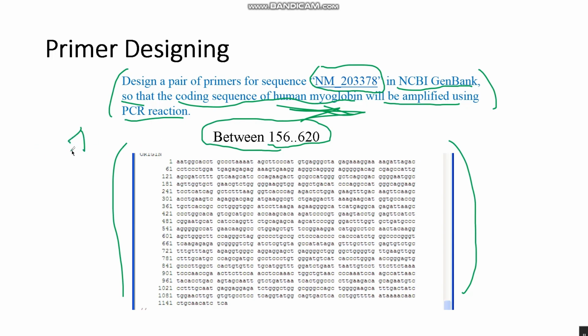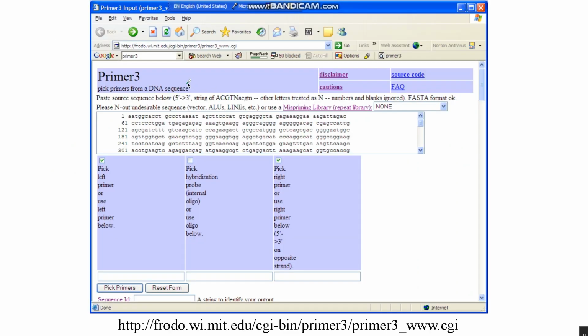The first and second steps are to get the target region. Then you select a software like Primer3.